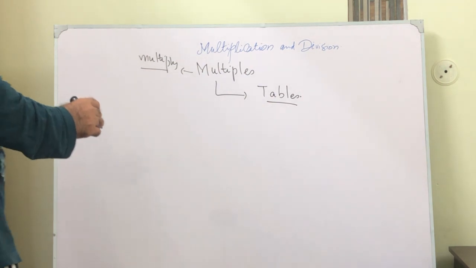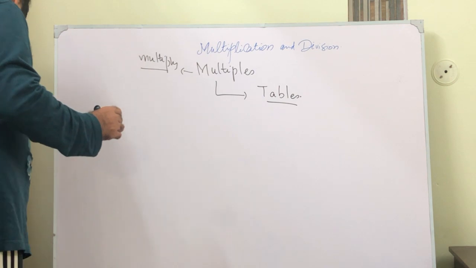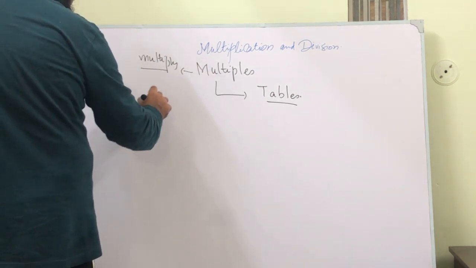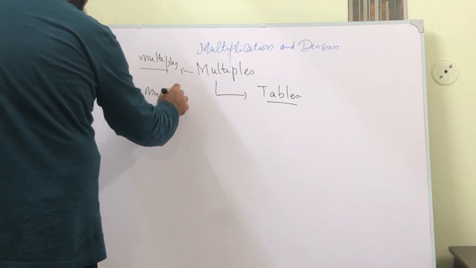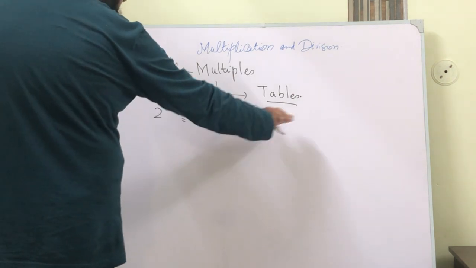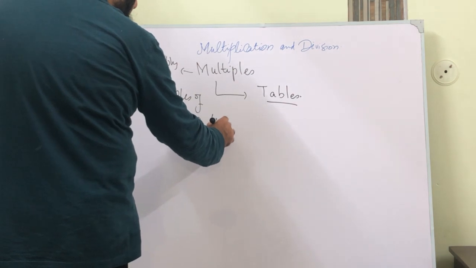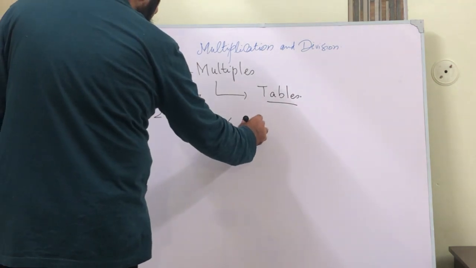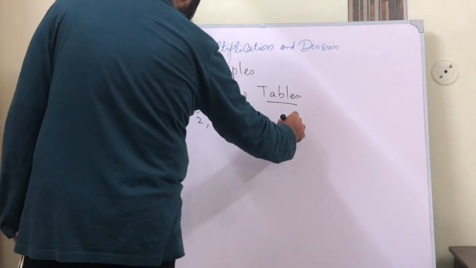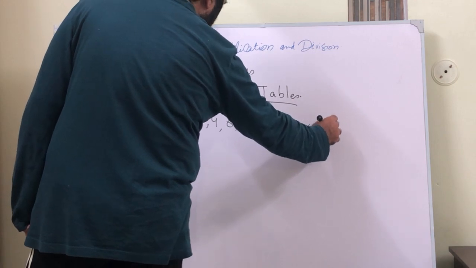If we say that we need to find the multiples of 2, multiples of number 2, we will just simply write the table for 2. 2 1s are 2, 2 2s are 4, 2 3s are 6, 2 4s are 8, 2 5s are 10, 2 6s are 12, 2 7s are 14, 2 8s are 16, 2 9s are 18, 2 10s are 20.